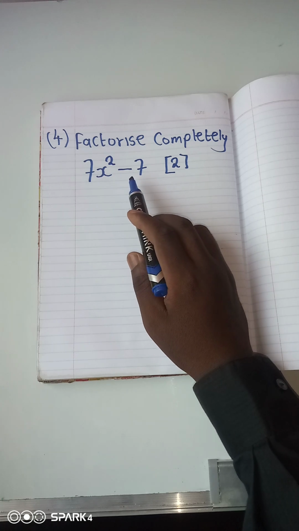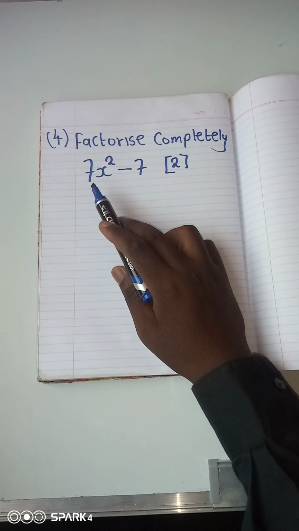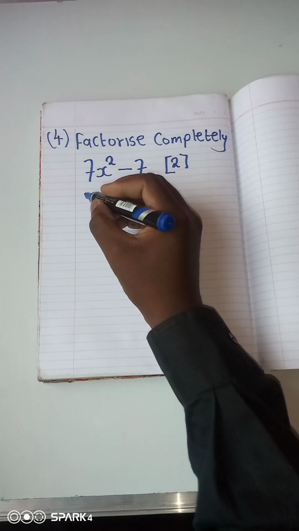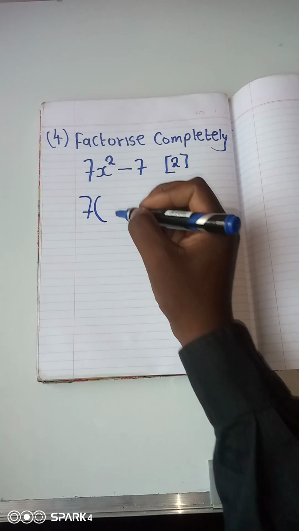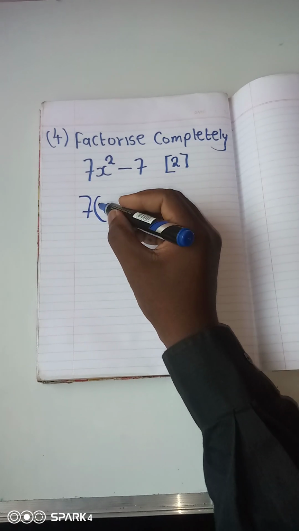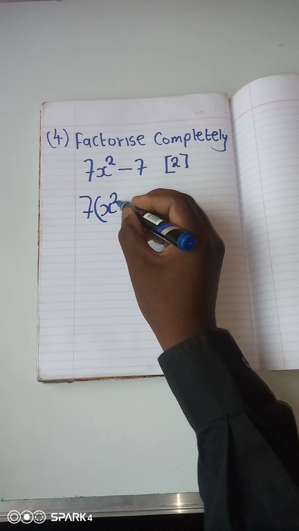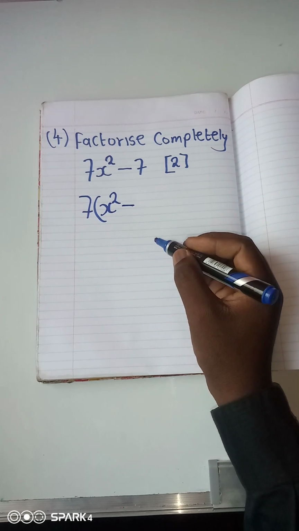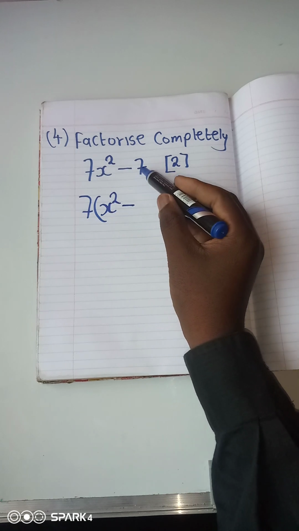But in this case, the only common number is what? It's 7. So you say 7, open brackets.